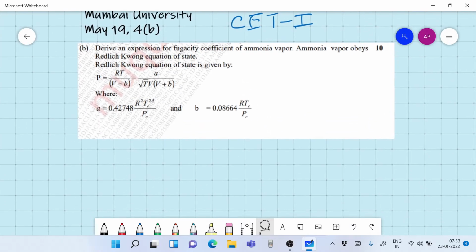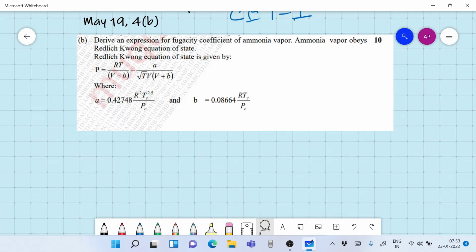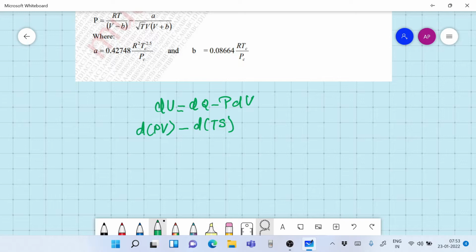So we all know that from the first law, dU is equal to dQ minus P dV. Now, if we add d(PV) on both sides of this equation and subtract d(TS) from both sides, we get dG is equal to minus S dT plus V dP, right?